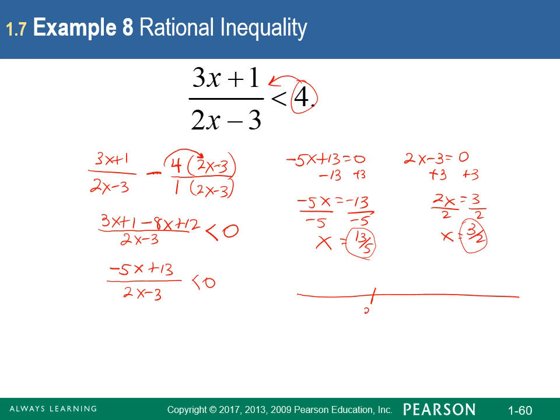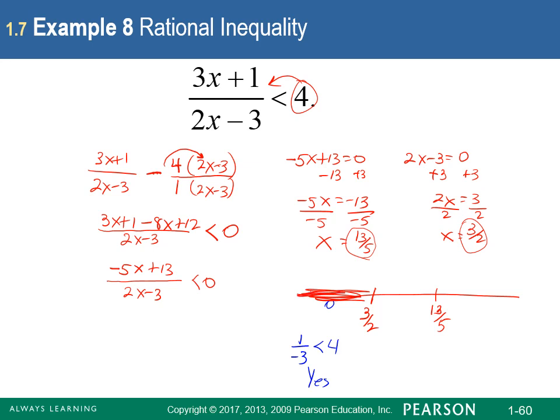So the 3/2 goes here and the 13/5 here. To the left of 3/2 there is a 0. When we substitute a 0 into the original, we get 1 over negative 3. Is that less than 4? Yes. So we need to shade there.